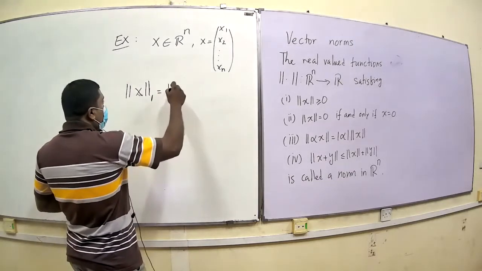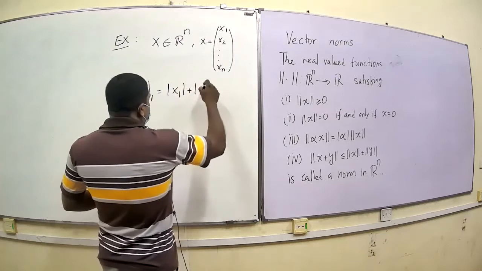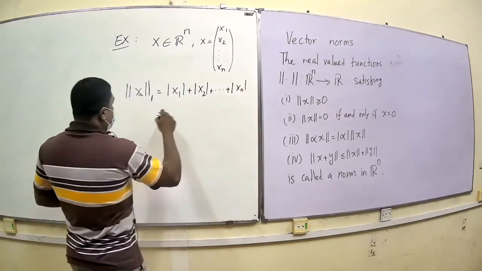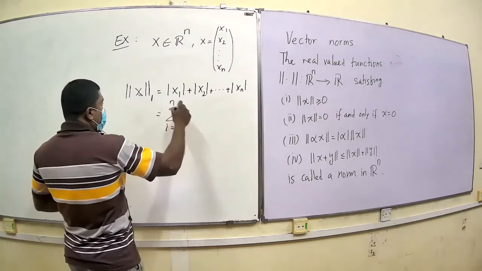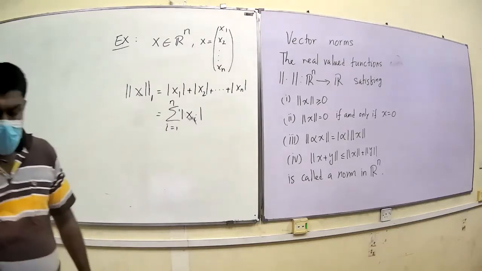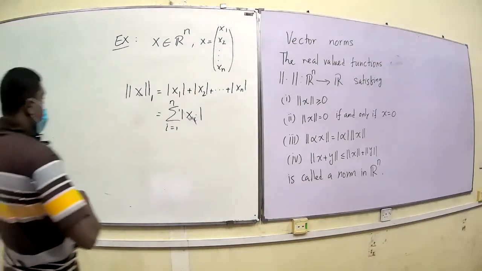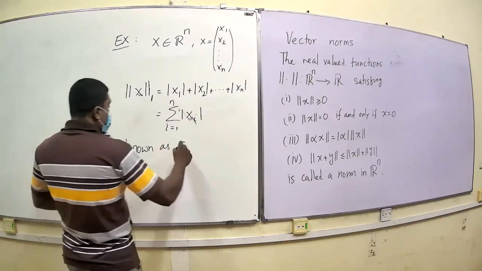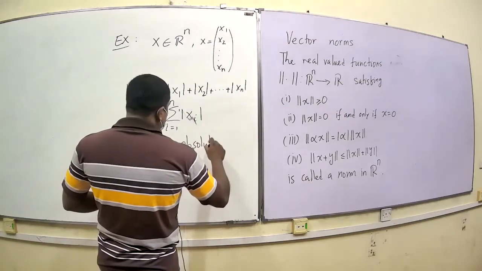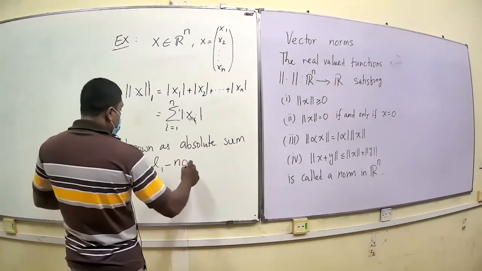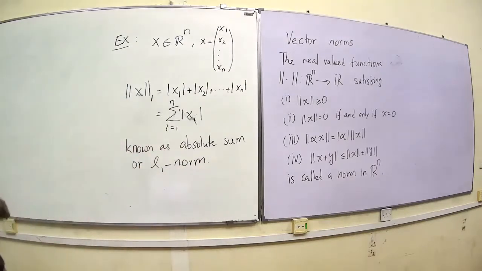So this one is the sum of the absolute value of each component.